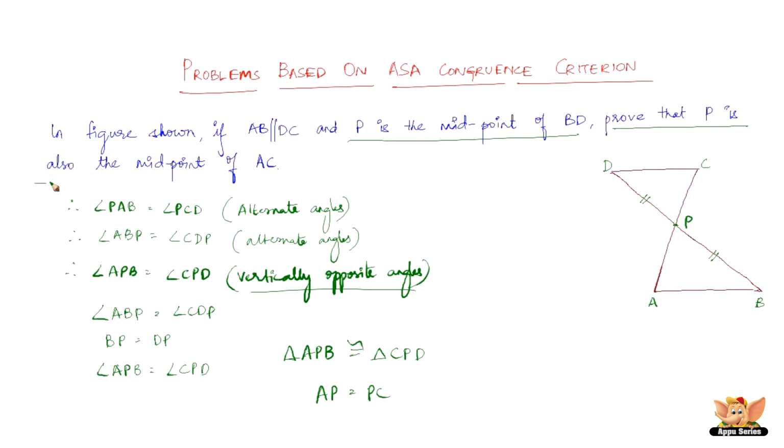Prove that P is also the midpoint of AC. That is nothing but AP equals PC, because corresponding parts of congruent triangles are equal. This is the most important sentence after you prove that the two triangles are congruent.